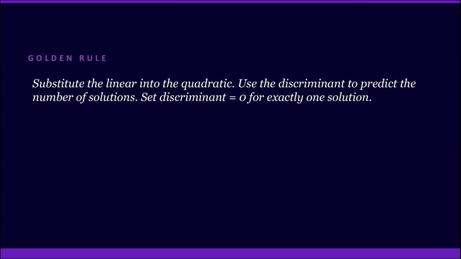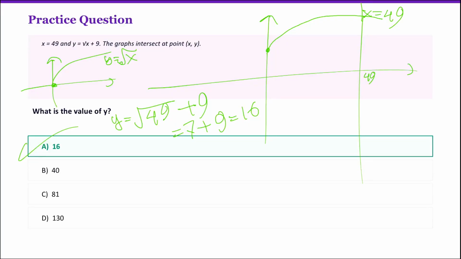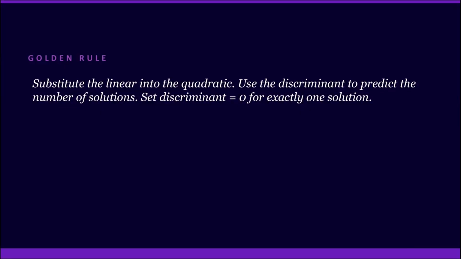The golden rule for solving systems of equations with at least one nonlinear equation is substituting the linear equation into the nonlinear equation. So, for example, in the quadratic case, you substitute the linear into the quadratic. If you have a radical equation, like in this practice question, again, you substitute the linear equation into the radical equation. And if you need to manipulate it, you always want to try to get it in the form of a polynomial, usually a quadratic.